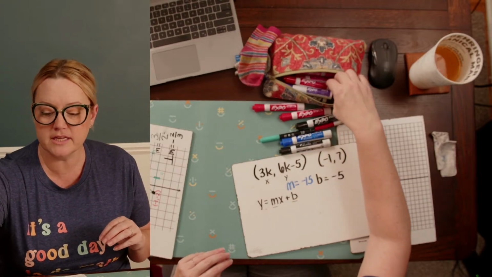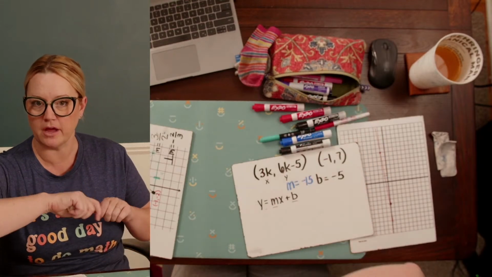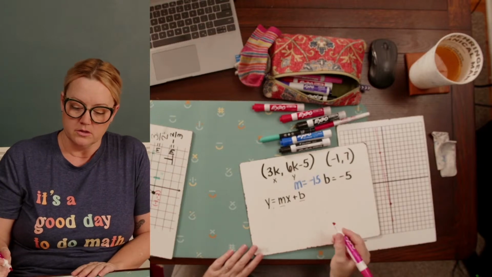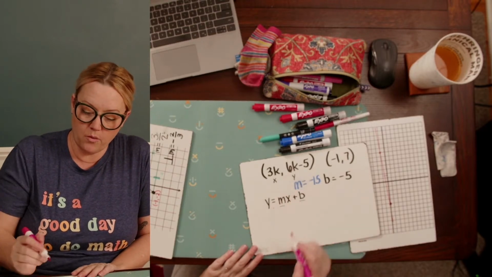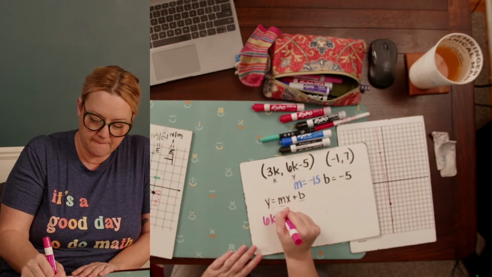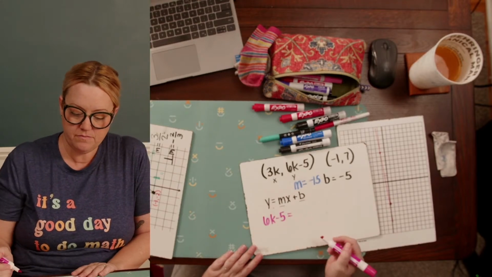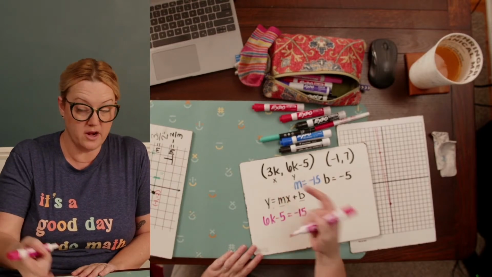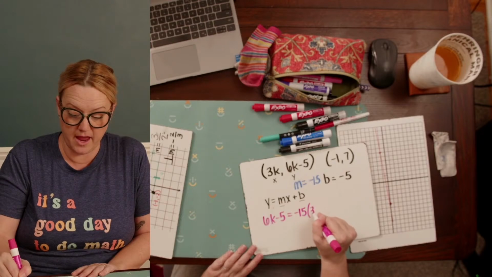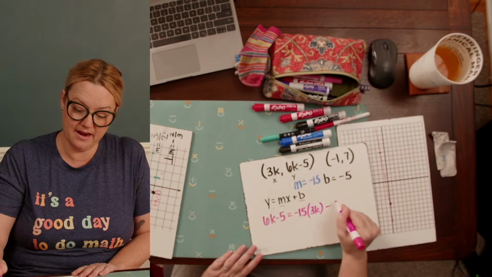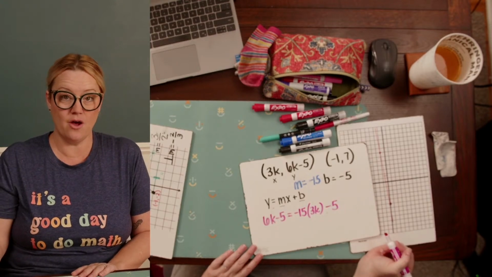It's the oldest trick in the book. Plug in what you know, solve for what you don't know. So we know that our y value is 6k minus 5. Okay. We know that our slope is negative 15. We know that our x value is 3k. We know that our b value is negative 5. And now we're going to solve for k.